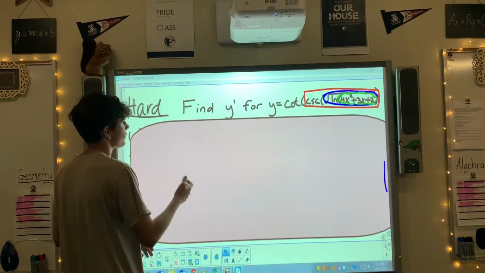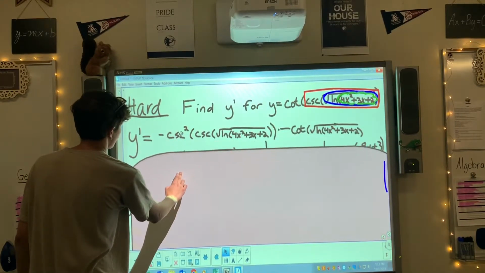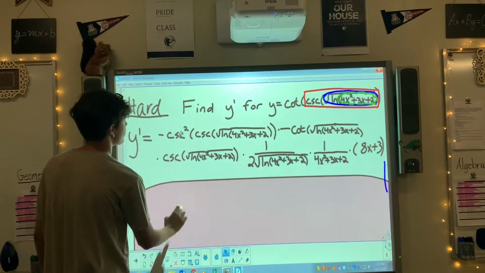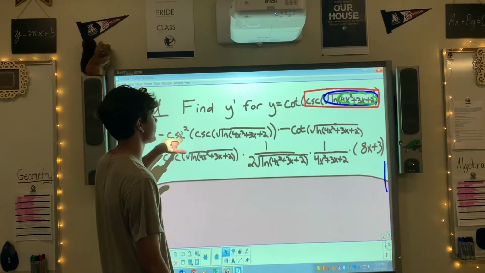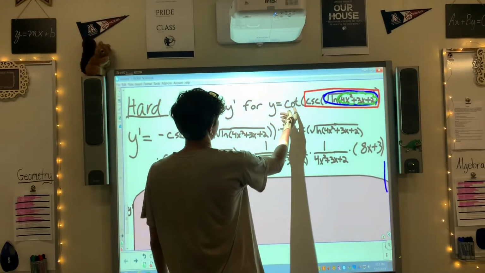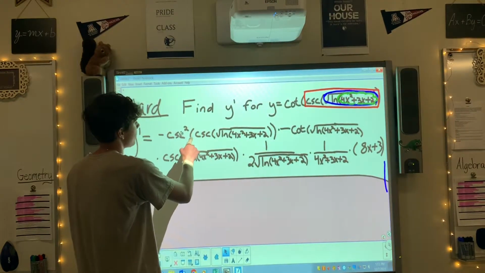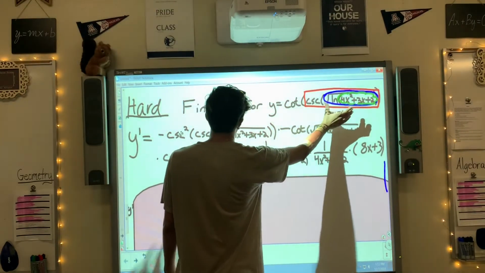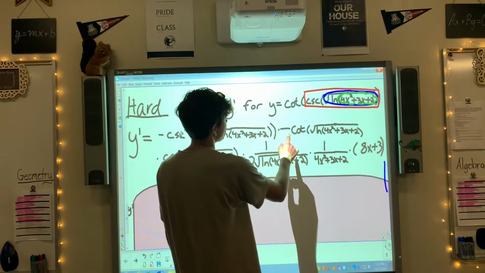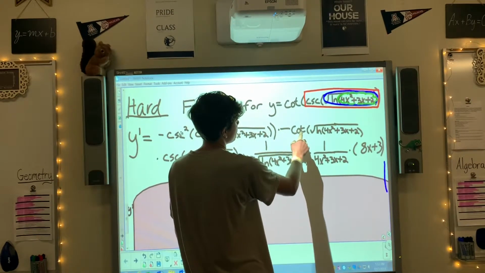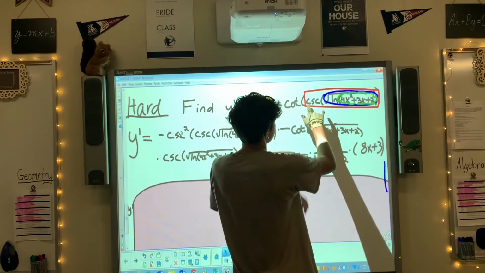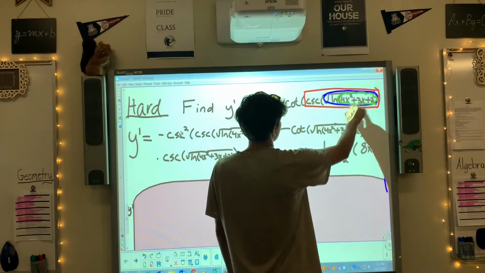So for our first step, we'll do y prime equals negative cosecant squared, which is the derivative of cotangent box. So negative cosecant squared of just this whole box right here, times the derivative of our cosecant circle.